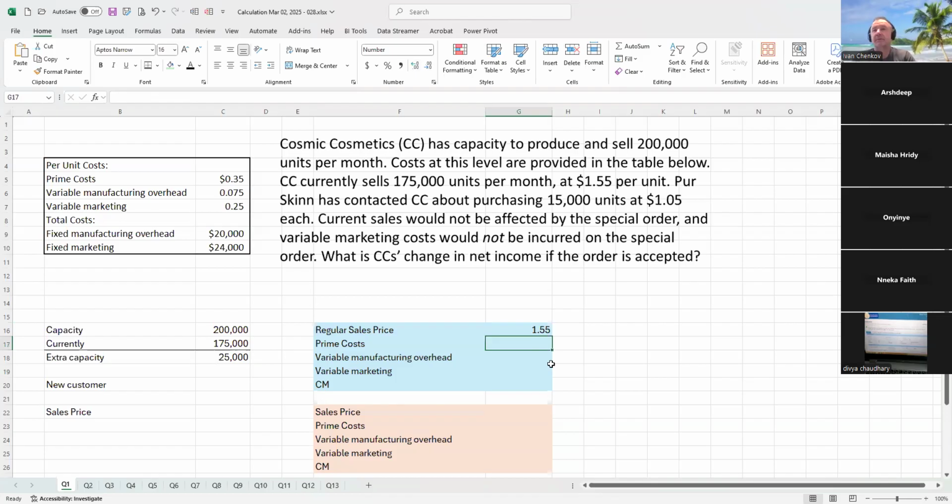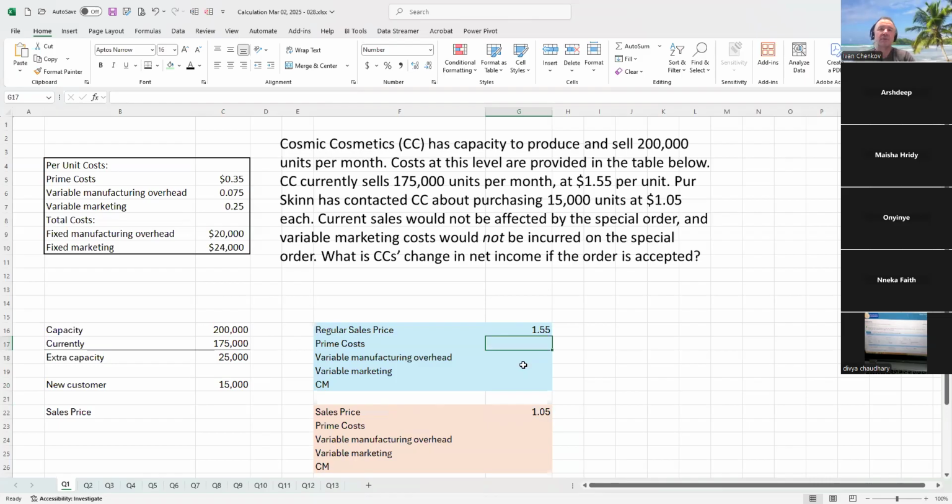Now, this company comes and wants to purchase 15,000. Do we have the capacity to sell them? Yes, we do, at a price of 1.05. Current sales will not be affected. Obviously, current sales are not going to be affected by the special order, and the variable marketing costs will not be incurred on the special order.